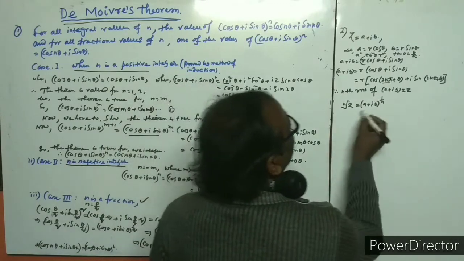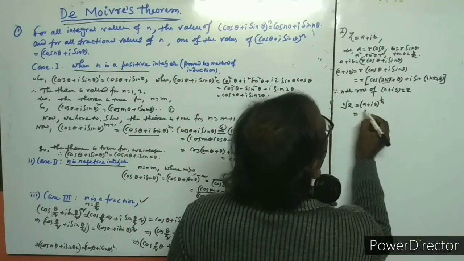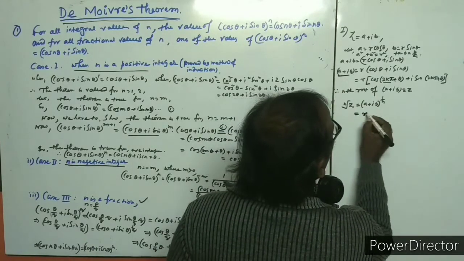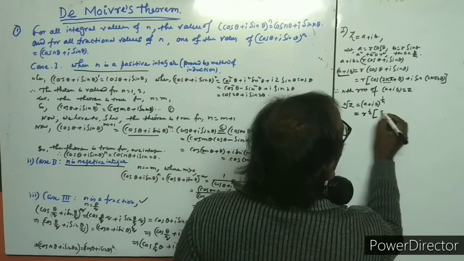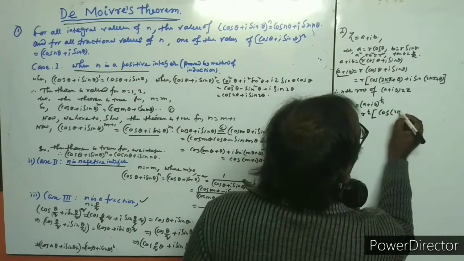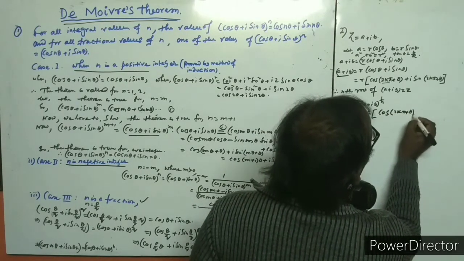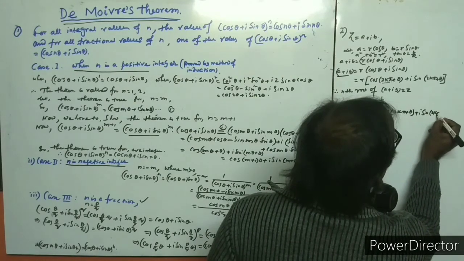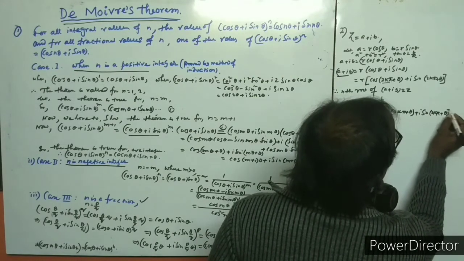Okay, see, this is a + ib and the power is 1/n, so r to the power 1/n here, and cos(2kπ + θ) + i sin(2kπ + θ).